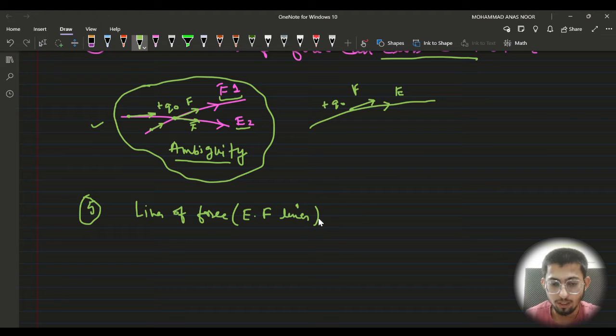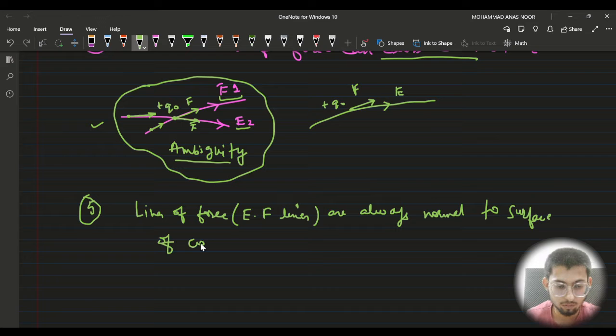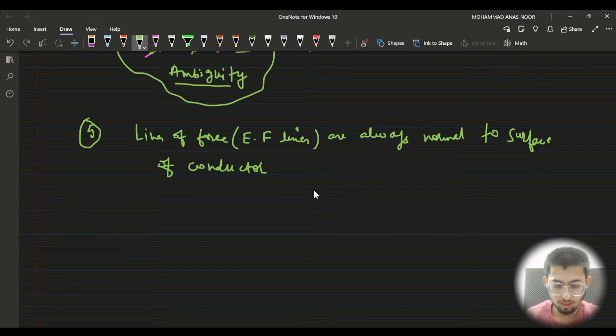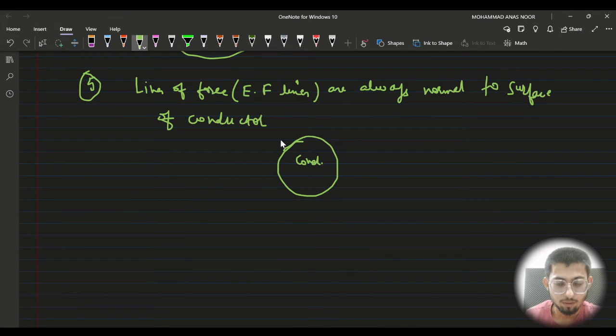Electric field lines are always normal to the surface of a conductor. A conductor can be anything, for example, this metallic ball. We'll explain it later; in the meantime we'll move on. So this is a conductor, and what we are saying is that electric field lines are always normal to it, like this.